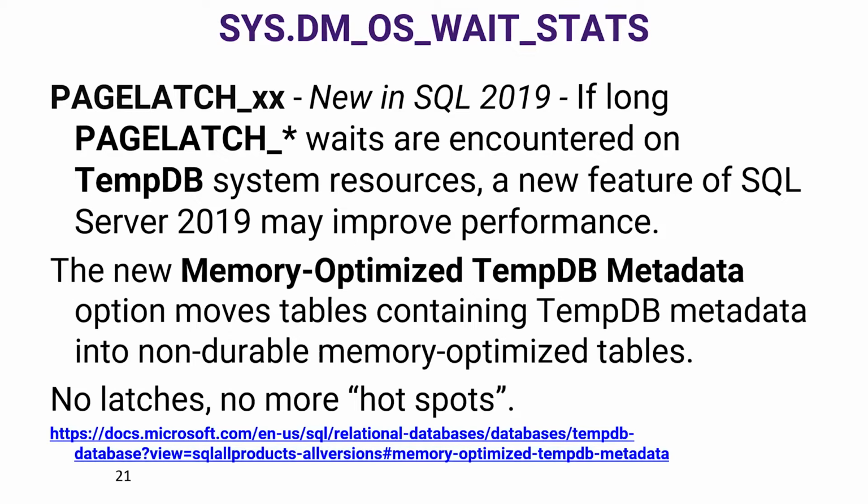This option moves tables containing tempdb metadata into non-durable memory optimized tables. Non-durable being, of course, completely appropriate because it's tempdb. So no more latches, no more hotspots in tempdb pages for internal metadata. This could unlock a lot of performance for you.